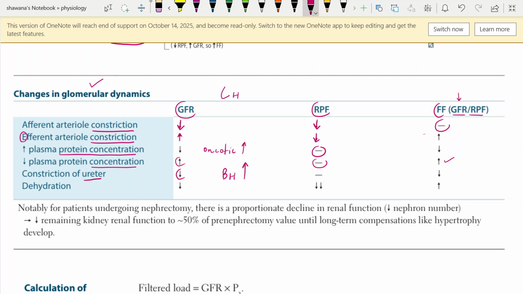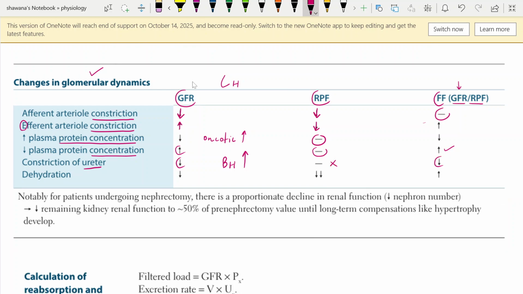One very important point regarding dehydration, and I have mentioned it here as well. Does dehydration increase the filtration fraction or decrease it? It will increase the filtration fraction, but it's very strange because dehydration will decrease the GFR.